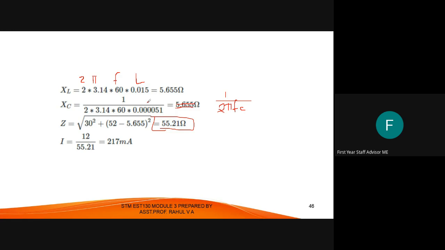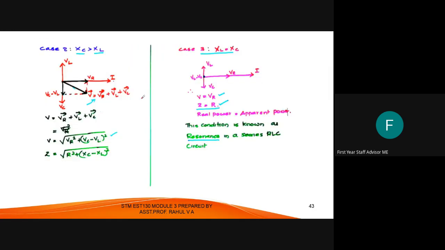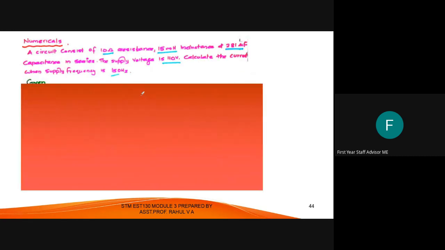Okay, I will give you one more problem. So this is the problem. A circuit consists of 10 ohm resistance, 50 millihenry inductance, and 281 microfarad capacitance in series.